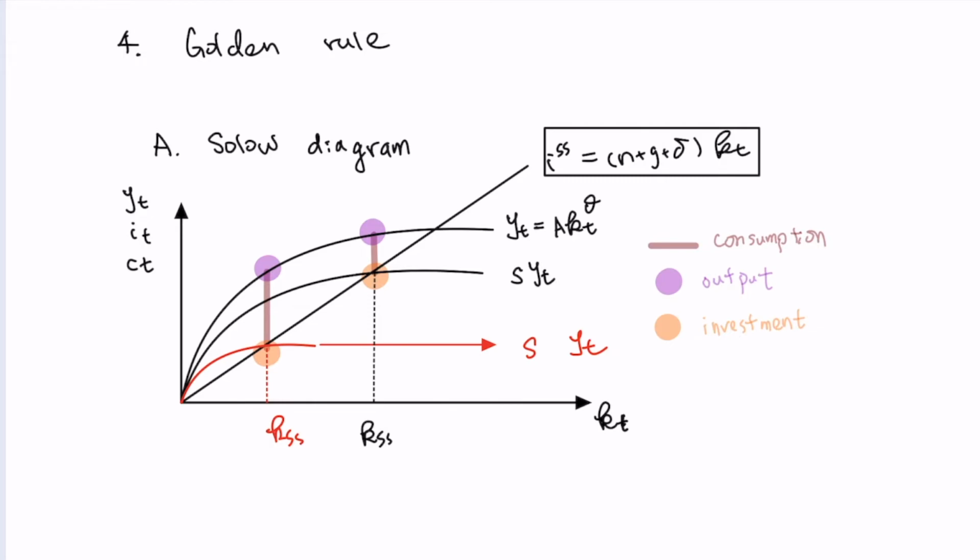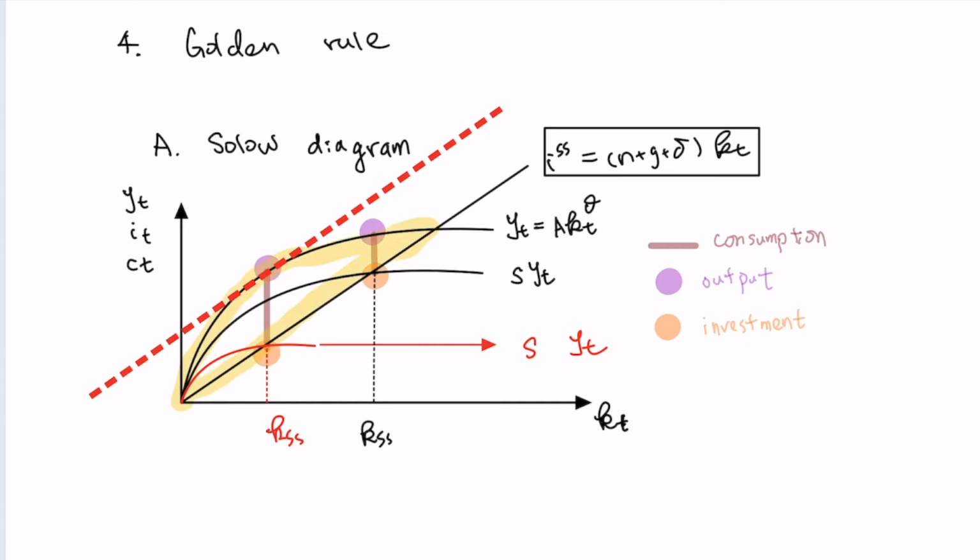To find this saving rate, for the economy where the distance between the output and the investment is largest, we need to find the point where the tangent on the output line, which is the concept of the marginal product of capital, equals the slope of the steady state condition, and then the consumption is maximized.